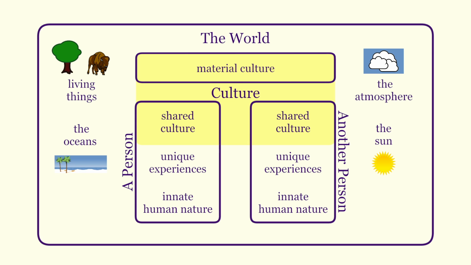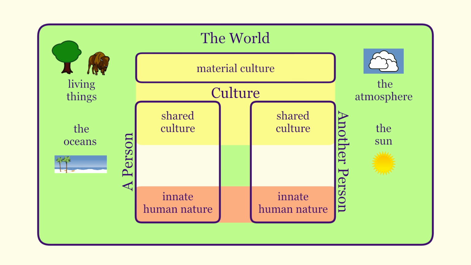All right, now let's look at this from the perspective of culture. Culture is shared, so it finds itself between the shared parts of our innate human nature and the wider world. The unique experiences that each of us have aren't shared, so they aren't seen by the culture.